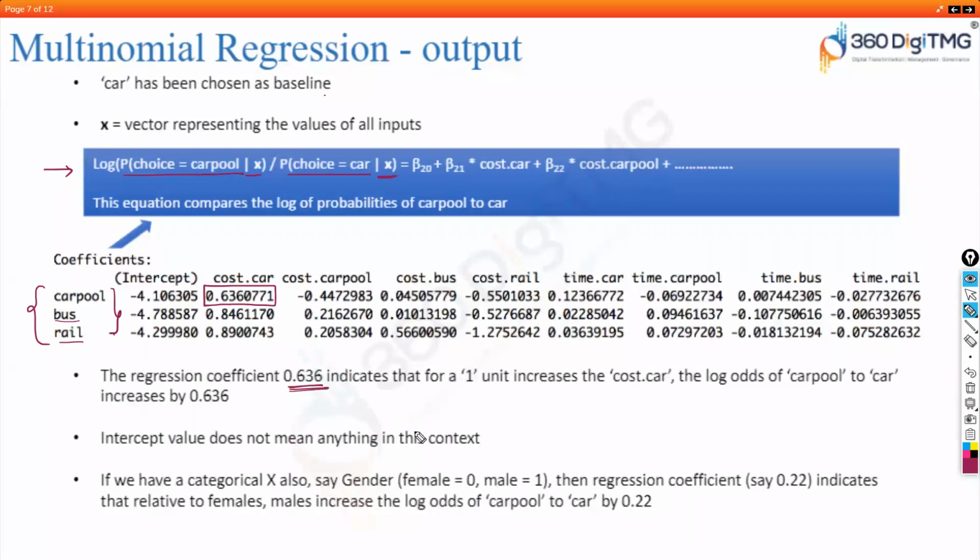This 0.636 indicates that for a 1 unit increase in the cost of the car, if I increase the cost of the car by $1, for example, the log odds, because when you take the log of the odds ratio, it's called log of odds.